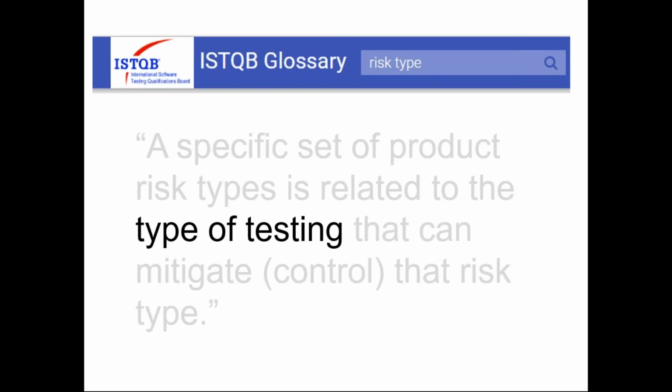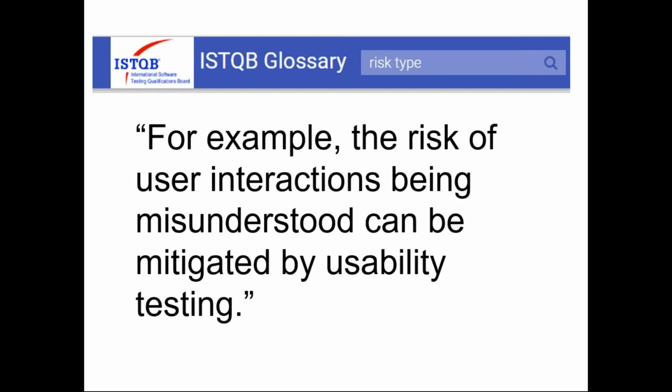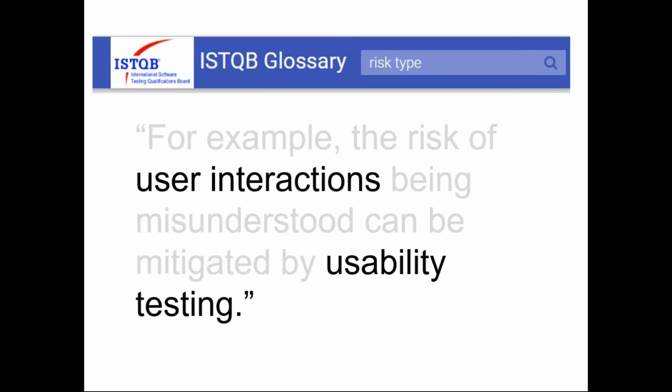To give a concrete example, and this is a continuation from the glossary, it says that if there is a risk in dealing with user components, usability, then clearly the addressing technique would be usability testing. So essentially, it's relating those two things.